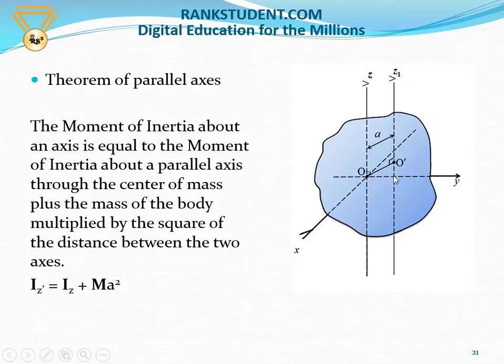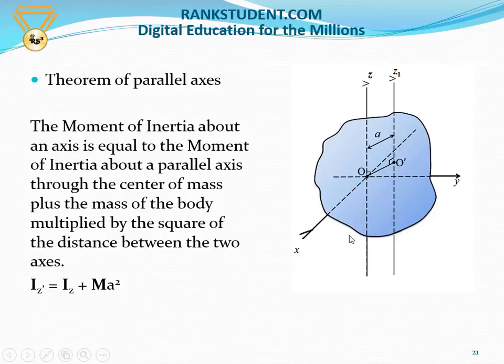Similarly, the theorem of parallel axes. Here we have shown two parallel axes, z and z prime. The moment of inertia about an axis is equal to the moment of inertia about a parallel axis through the center of mass plus the mass of the body multiplied by the square of the distance between the two axes.